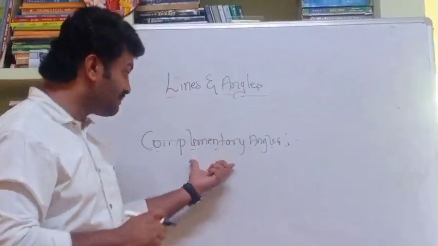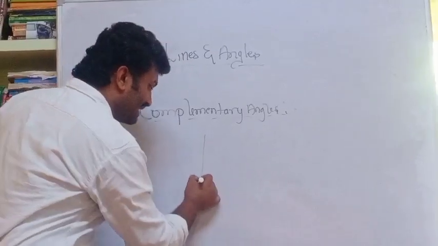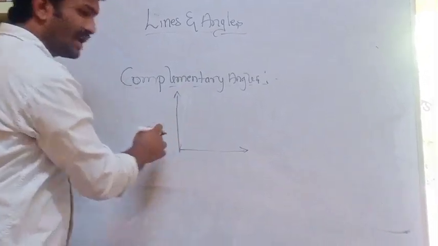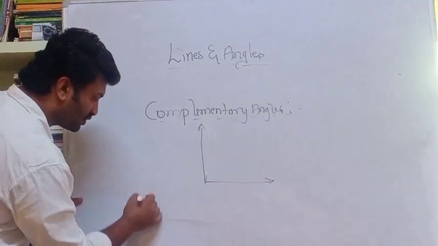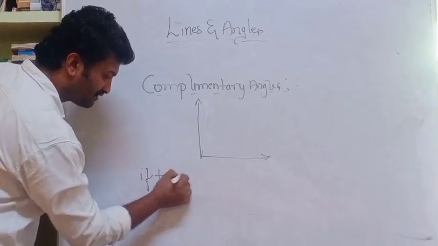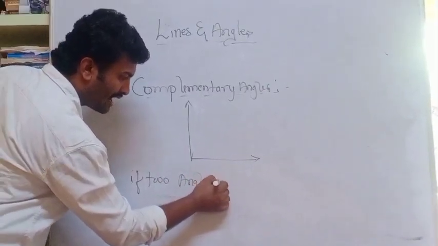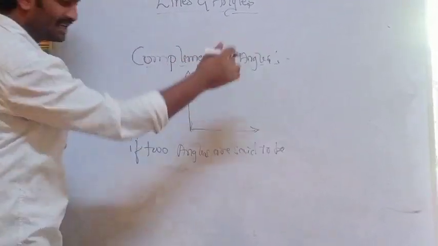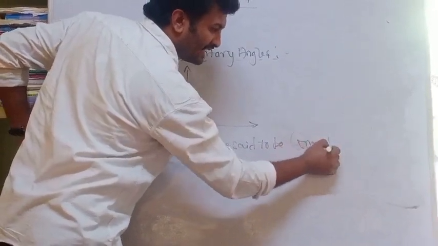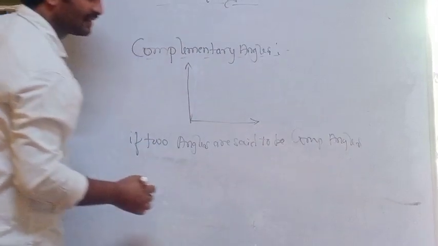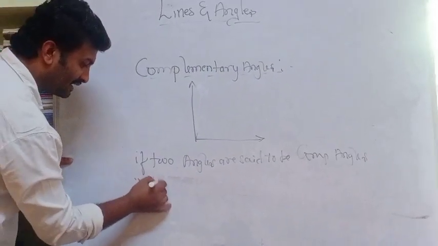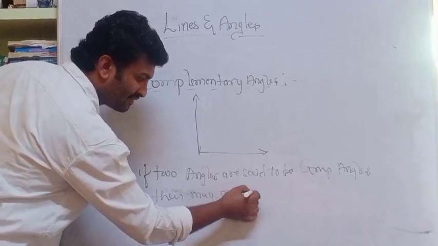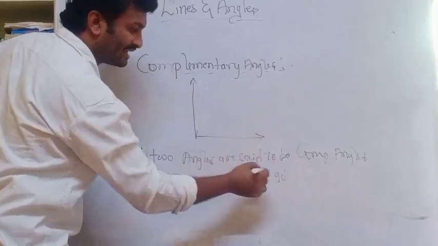Two angles are said to be complementary angles if their magnitude measures 90 degrees.